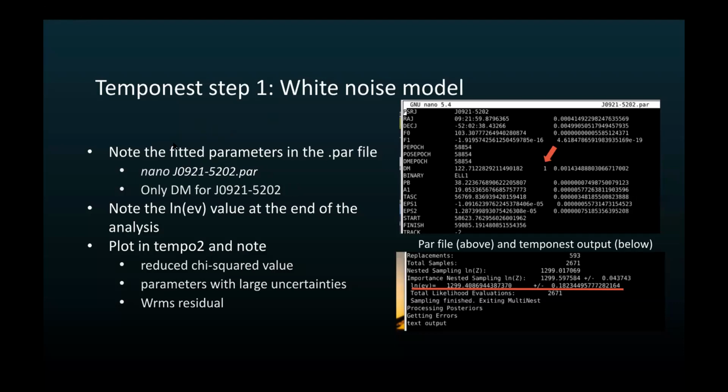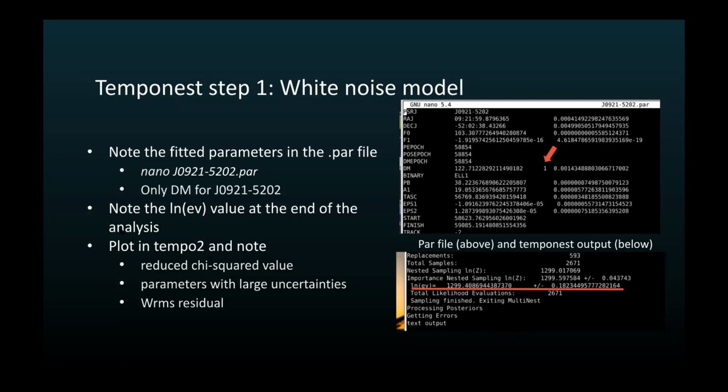So I mentioned after Sam's question that you can open up the par file, and another way to check whether it's fitted is if there's a 1 flag next to the parameter in the par file. So yeah, once the noise analysis is finished, you note the log evidence value at the end, which is this highlighted number. And this is the text output that comes out in the terminal.